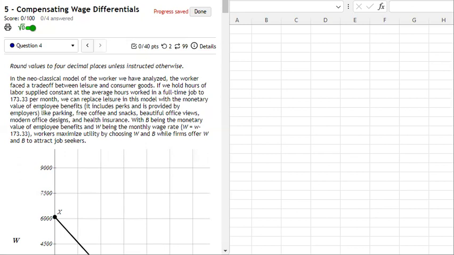And other things like retirement benefits. So all that stuff is lumped in B. Now, firms are going to attract workers by offering W and B, W being the monthly wage rate and B being the value of their benefits package.